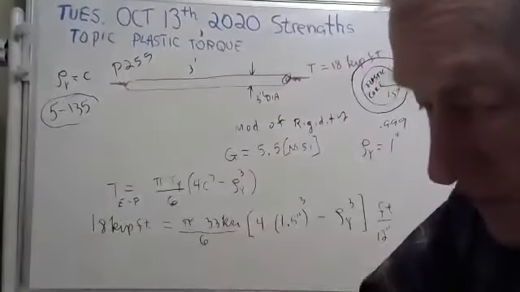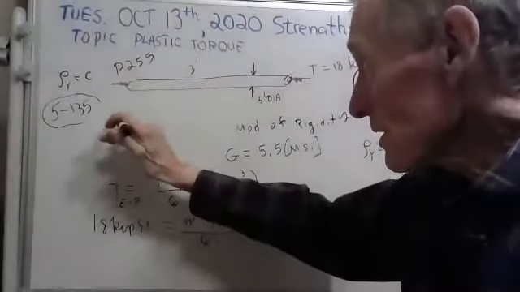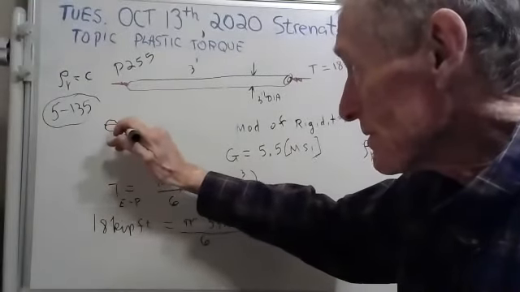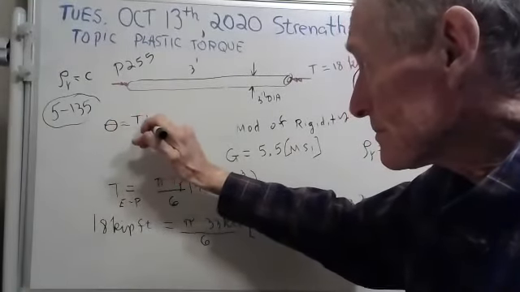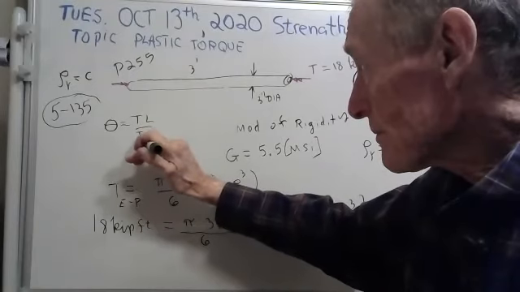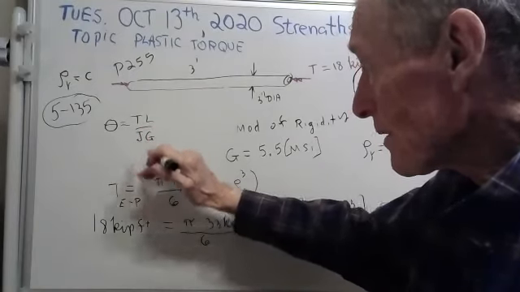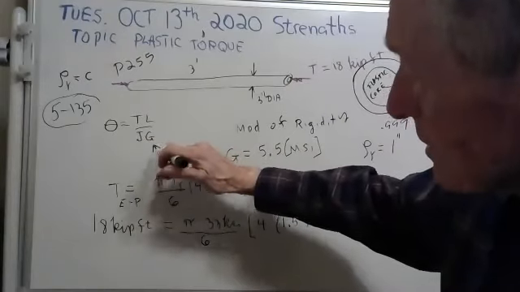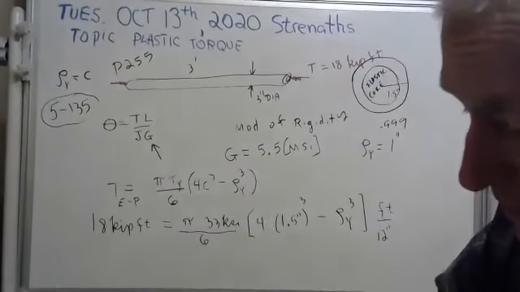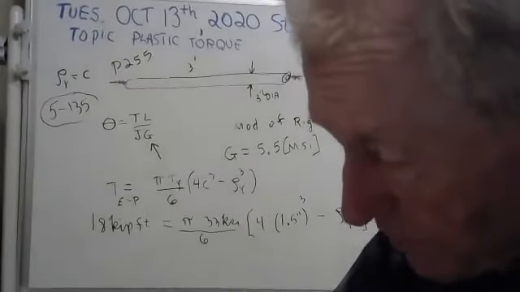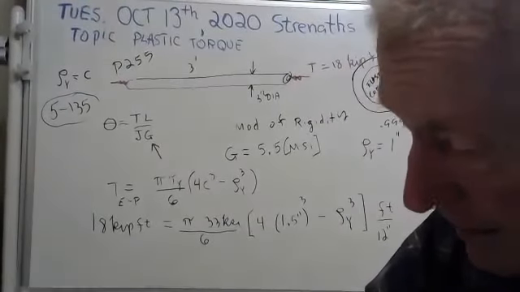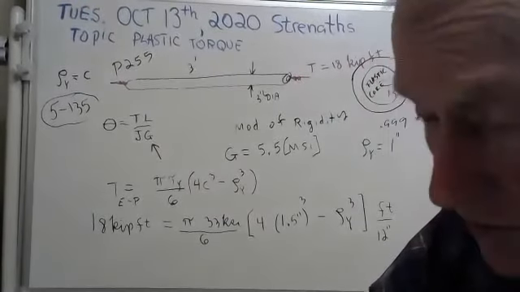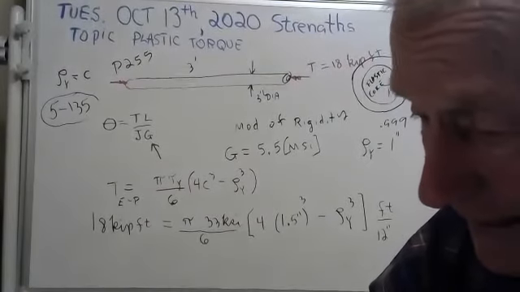Now we have a lovely equation for angle of twist. It goes like this. Do you notice in this equation, they have the modulus of rigidity in there? That equation is only good in the elastic region.